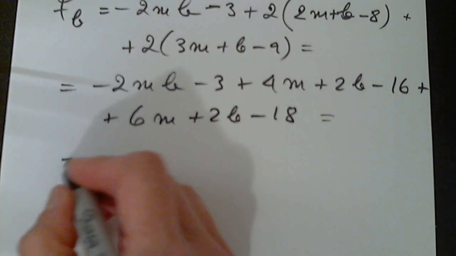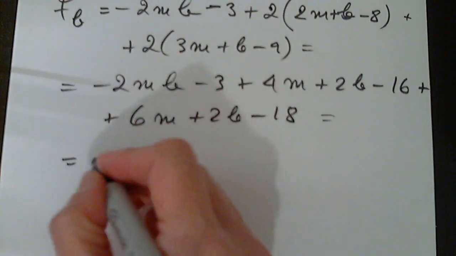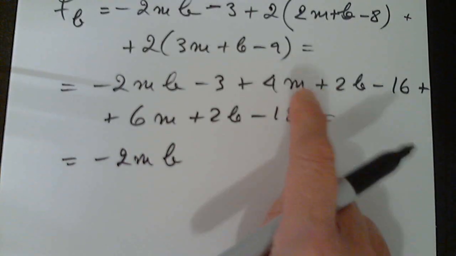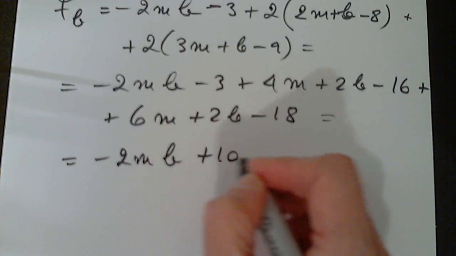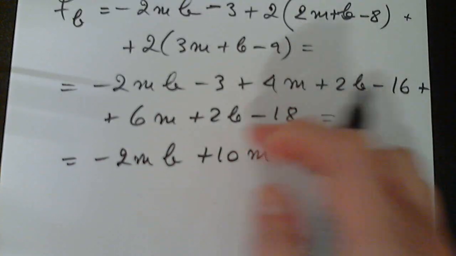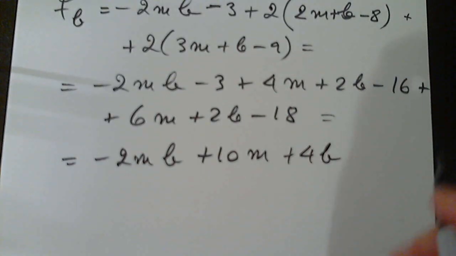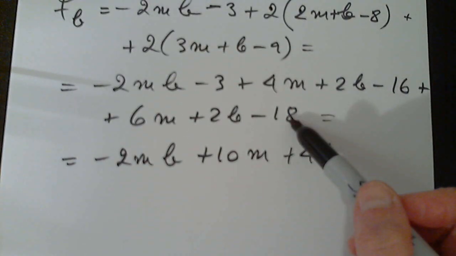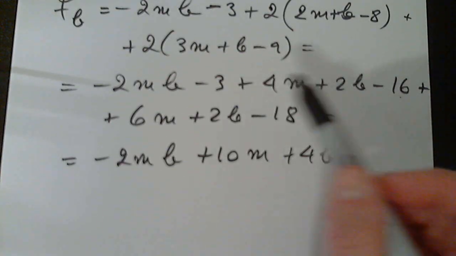This is the only one, yes. m with m plus 10m, b with b plus 4b, and then this is 34, 37.